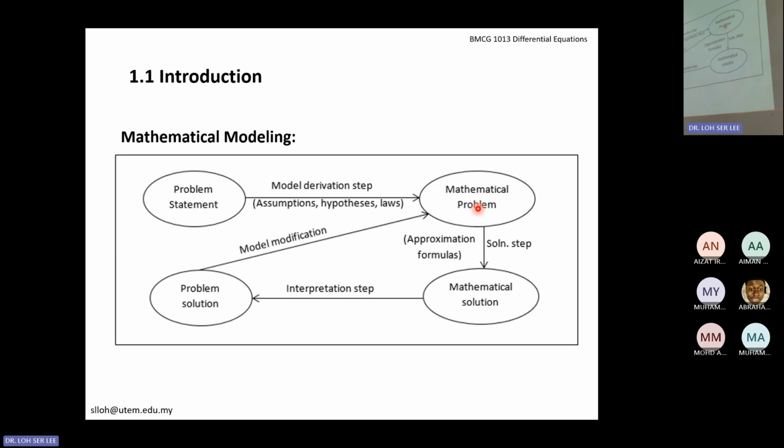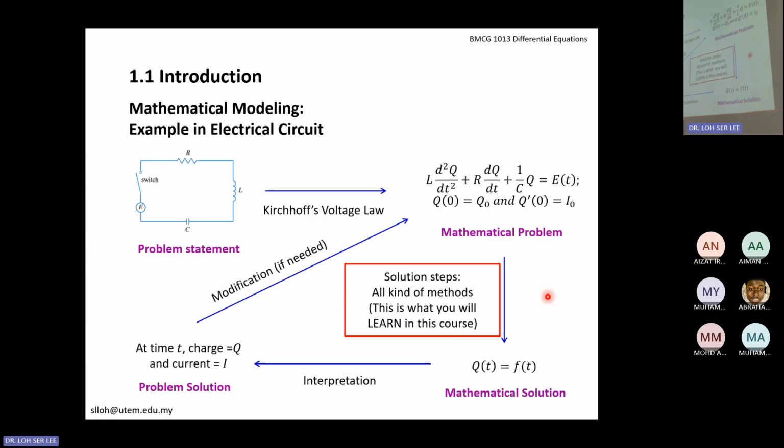But of course, we are not doing this. We will just look at how to solve the mathematical problem to get the mathematical solution. This is one of the examples, an example in an electrical circuit. This is the problem statement. By applying this law, we can get the mathematical problem.